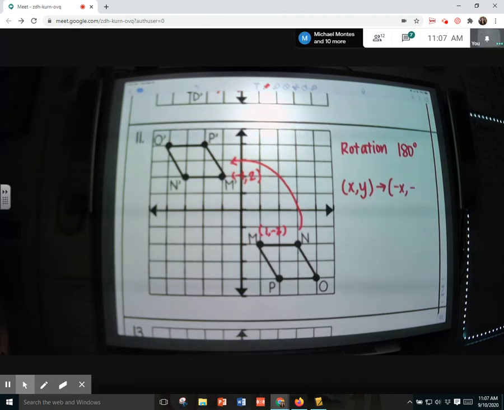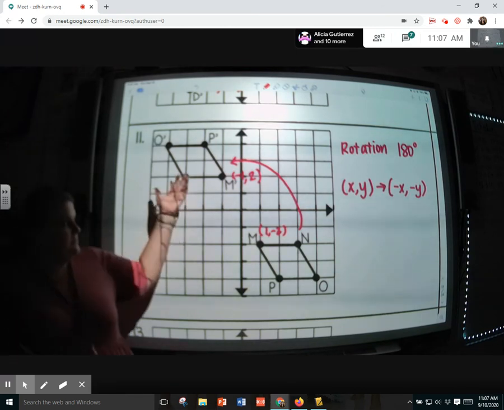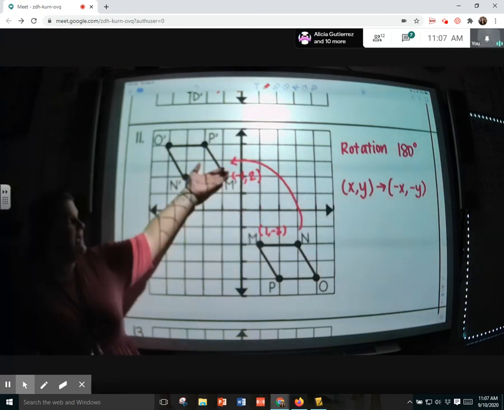Another way you can tell if it's a reflection or a rotation, because this very well could look like a reflection over y = x.